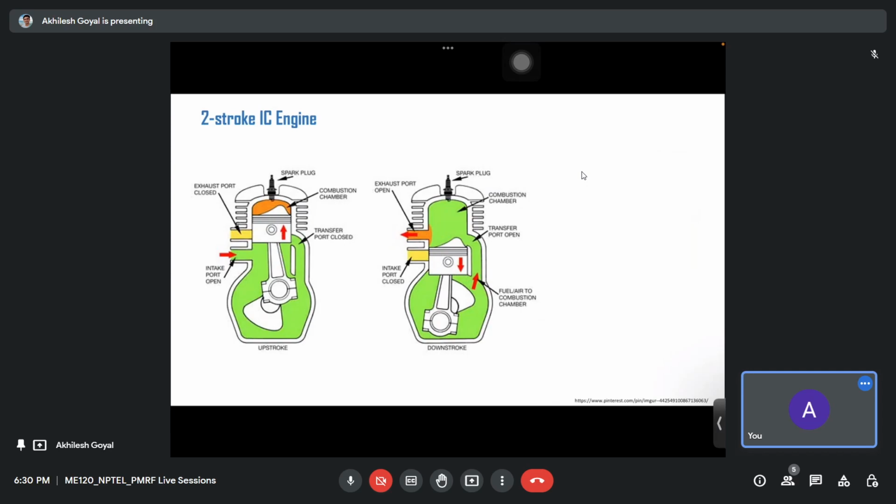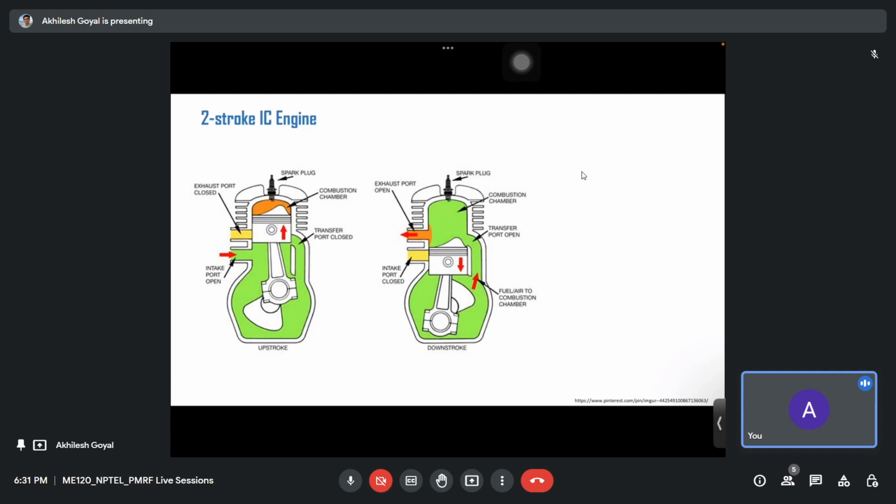So in the case of four stroke engines, a complete thermodynamic cycle was there in the four strokes. But in the case of two stroke IC engine, a thermodynamic cycle is completed in only two strokes of the piston movement. Okay, so here that can be seen.